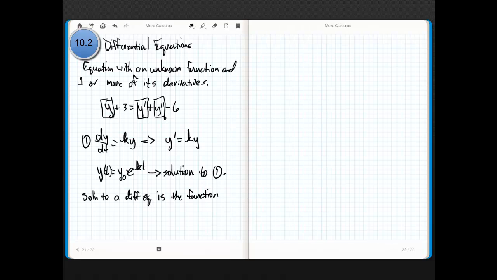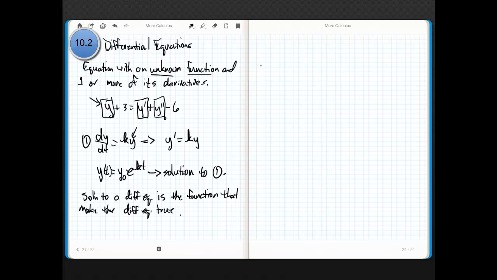Now, what function is it? It's this unknown function from the original differential equation. It's this guy right here. It is the function that makes the differential equation true. In other words, it's the one that satisfies it.